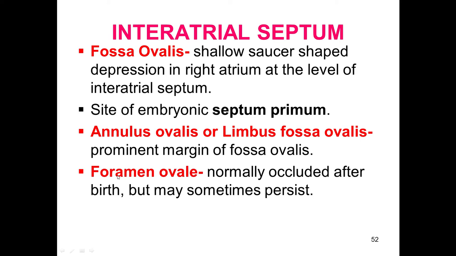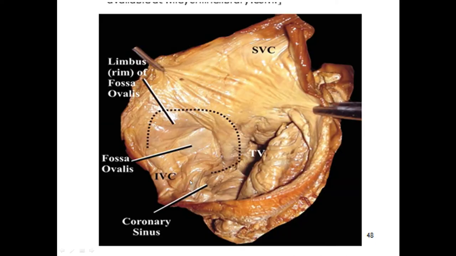Normally it is occluded after birth, but sometimes it may persist. Let's have a look now. This is the fossa ovalis, and here is the prominent margin, known as the limbus of fossa ovalis.